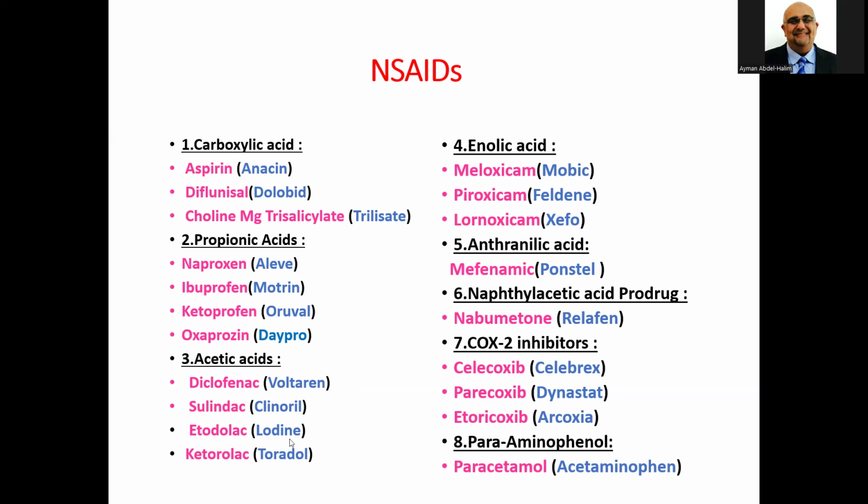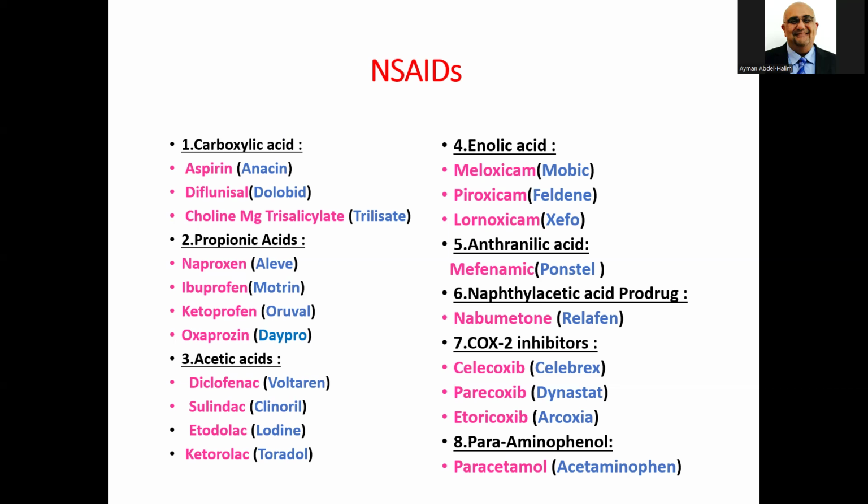Etodolac is a relatively benign drug, and it has a good COX-2 selectivity here. Piroxicam is also a relatively selective drug, and we use it extensively. Piroxicam is an old drug, but still used. Lornoxicam is similar to meloxicam, but it can be given intravenously, and that's the main advantage.